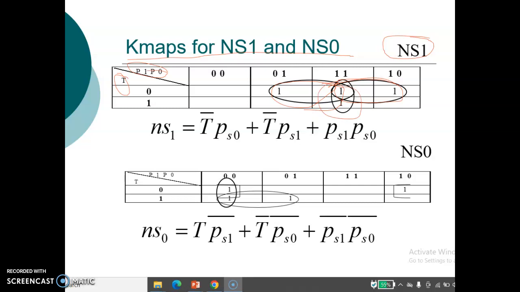So NS1 equal to T bar PS0 plus T bar PS1 plus PS1 PS0.